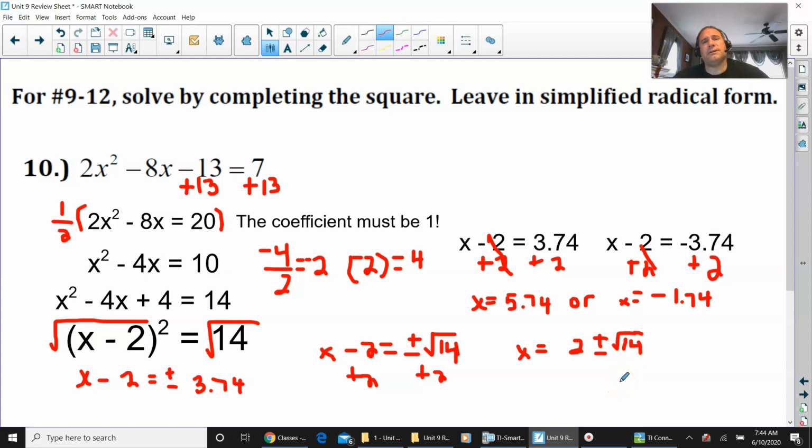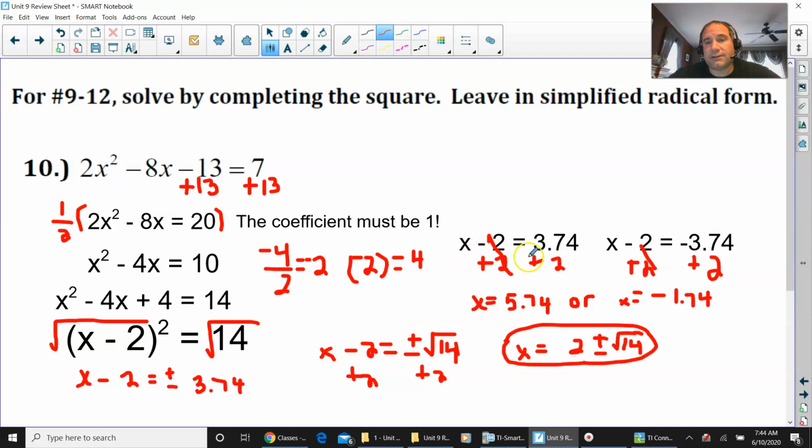Either way that you do it, it says leave in simplified radical form, so I guess this is the best way. It's not saying to round. So if it says to leave in simplified radical form, it would be x equals 2 plus or minus the square root of 14 as the answer.